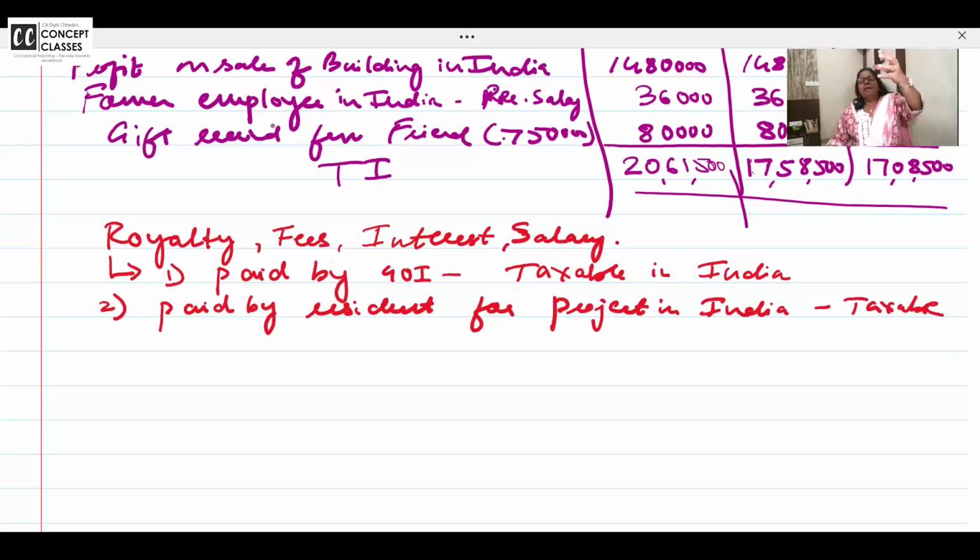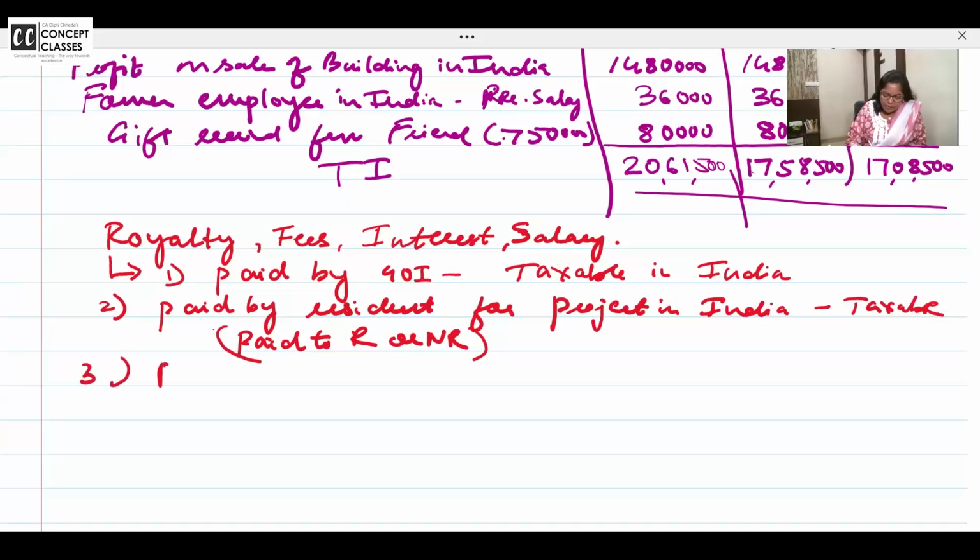You are paying interest on a loan, but the loan is being used in Chennai, taxable. Paid by resident for project in India, paid to resident or non-resident, whoever you pay. I am paying royalty to non-resident. I am paying fees to non-resident. I am paying salary to non-resident for project in India, taxable.